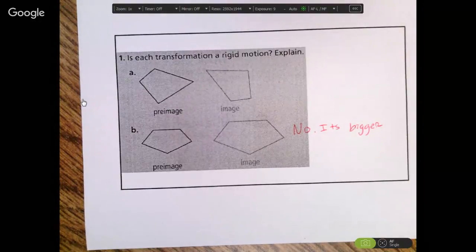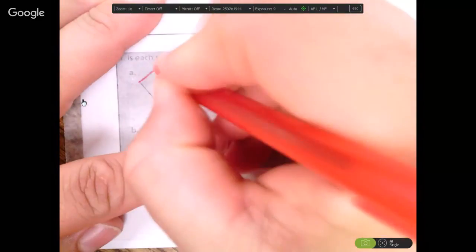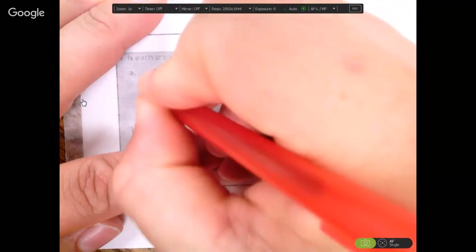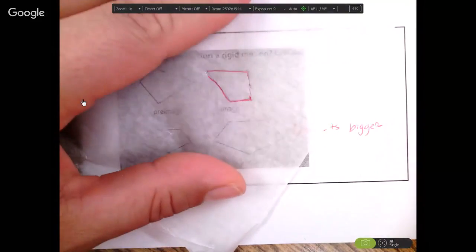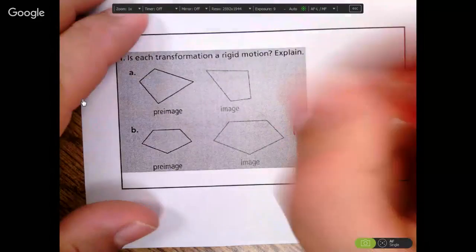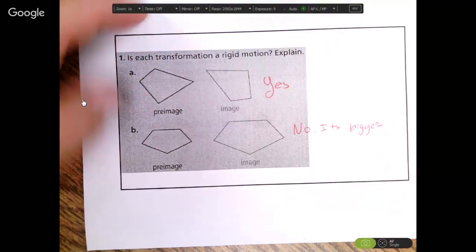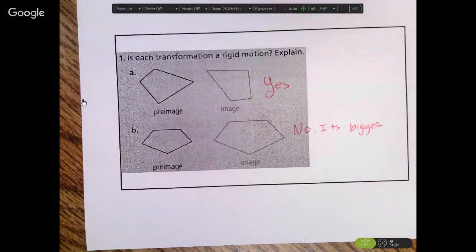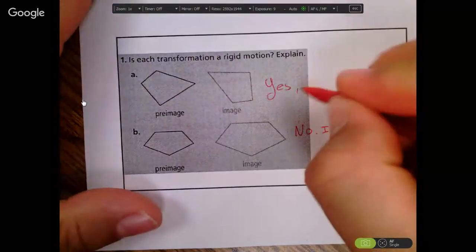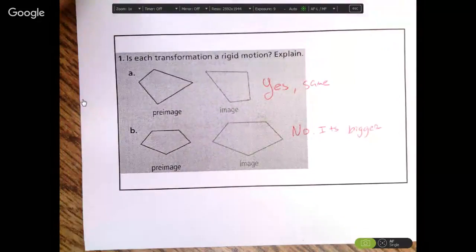Miss Bricker gave me this tracing paper, which is funny because it's exactly for this. I sketch my shape on here, and if I put it on the other shape, it has to land perfectly. That's a yes. It's crazy what perspective does to your shape. It looks different, but it's the same. It's rigid. It didn't get bigger or smaller or get twisted.